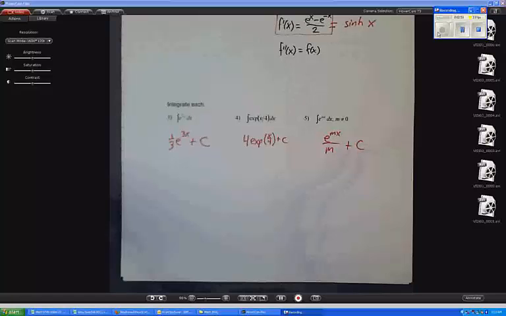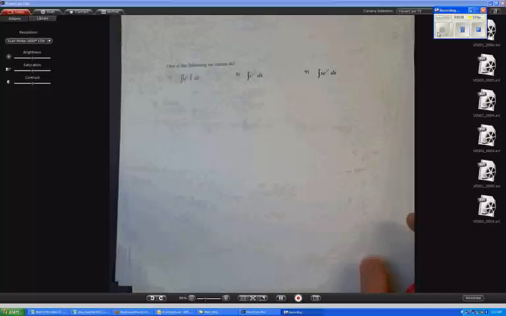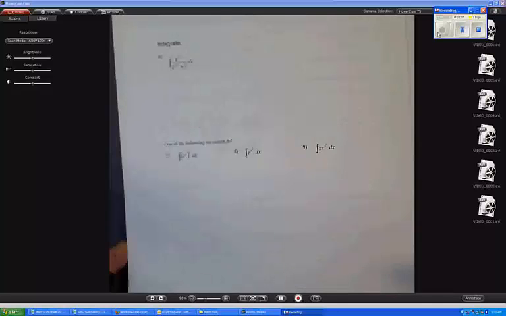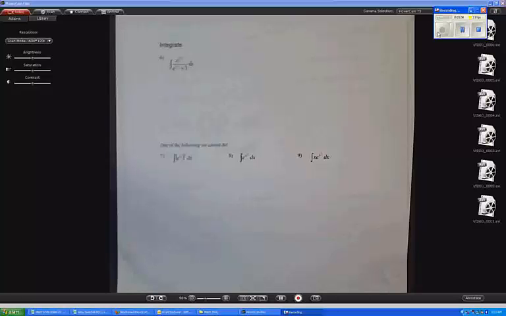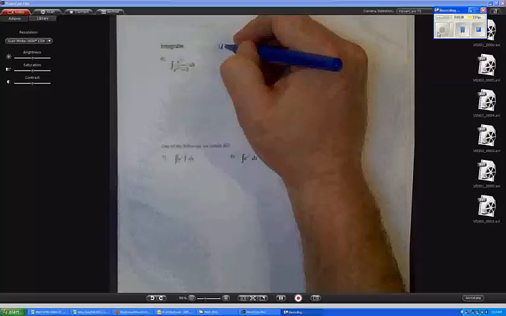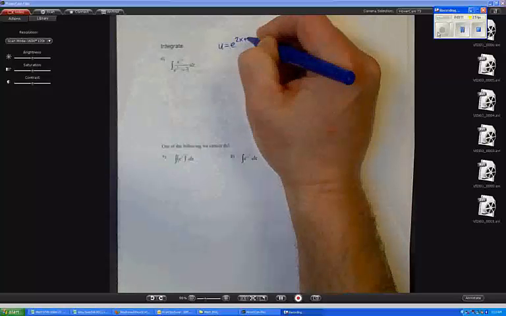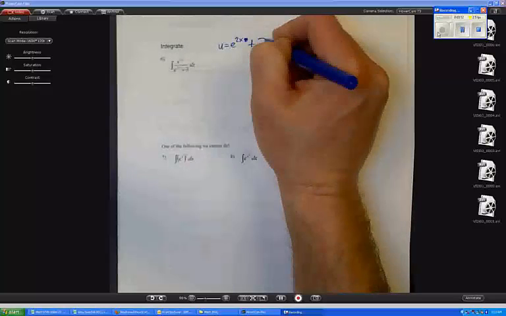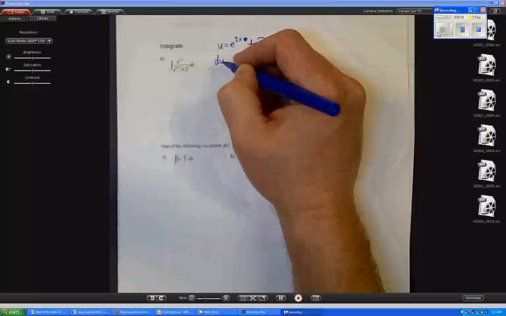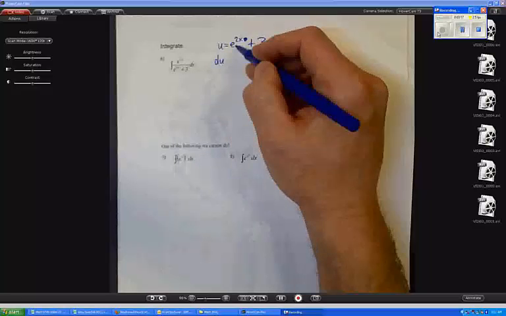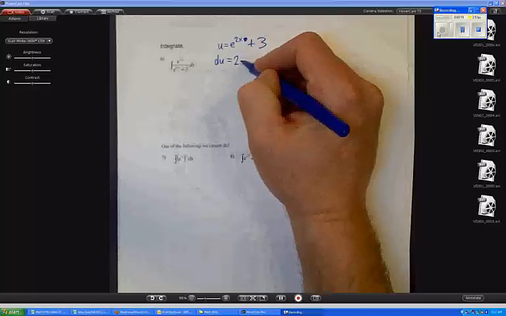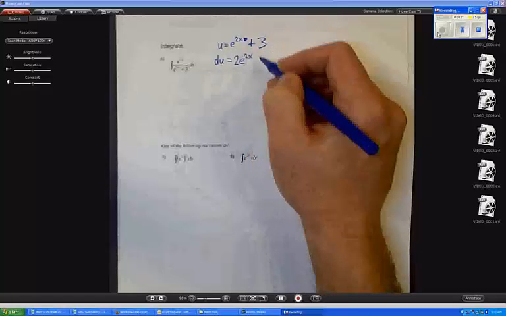Okay? Moving on. Number 6. Ooh, okay. How do I do this one? What'd you guys let u equal? Anyone? Okay, that's a nice trick. If we let u equal e to the 2x plus 3, then when I compute du, I'll get back e to the 2x, but I'll have to put a 2 in front: 2e to the 2x dx.